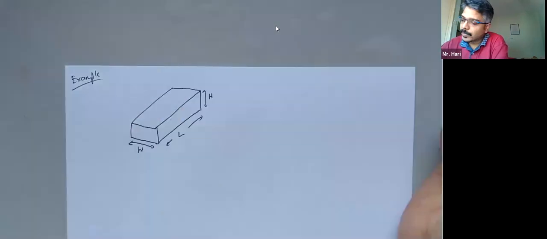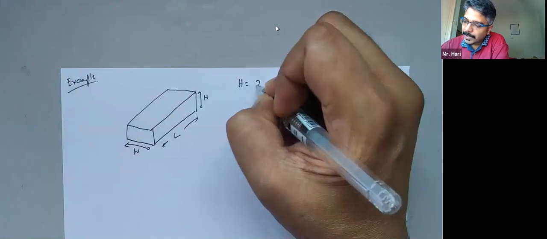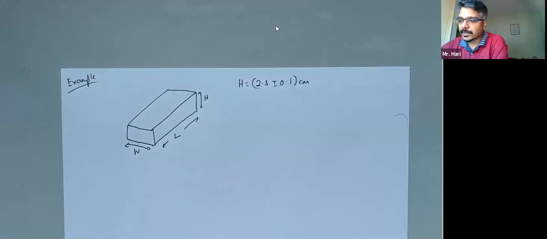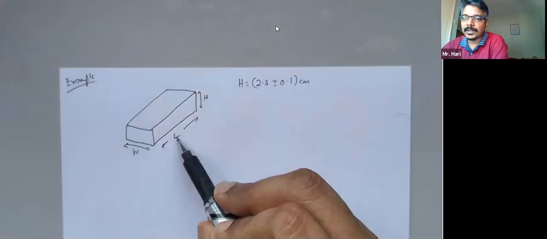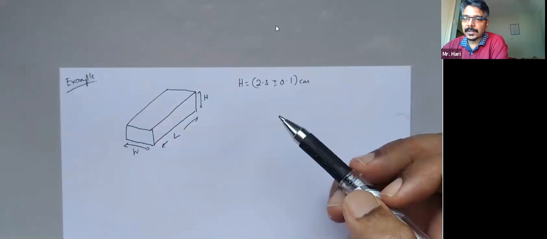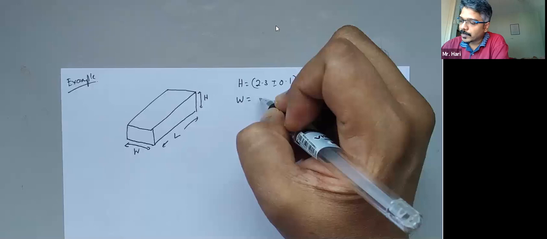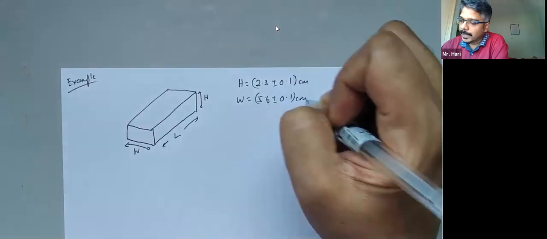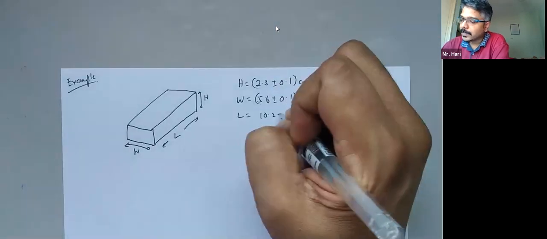Okay, so the height is 2.3 plus minus 0.1 centimeter. Assuming that we are measuring all these measurements, the height, the width, and length, using a meter rule, which has an accuracy of 0.01. Width is 5.6 plus minus 0.1 centimeters. And the length is 10.2 plus minus 0.1 centimeters.